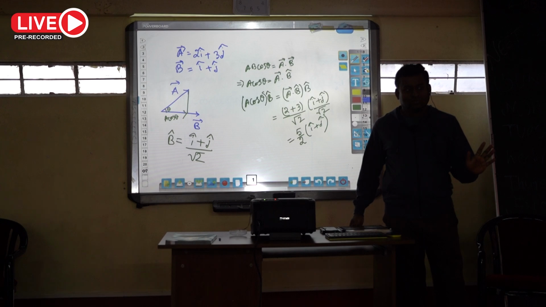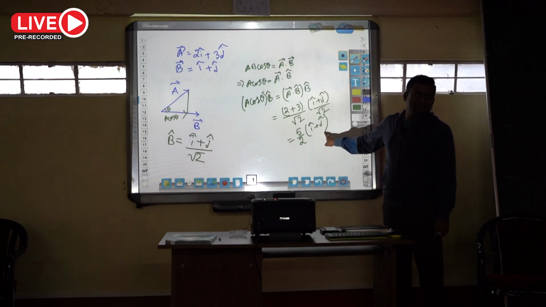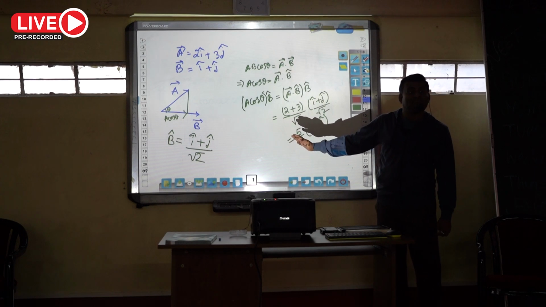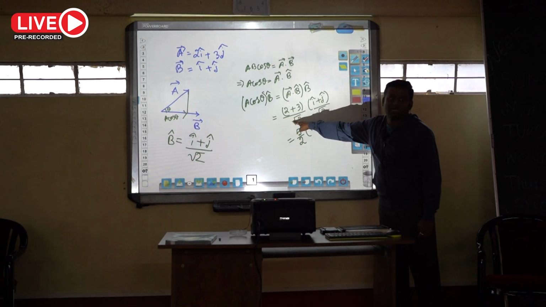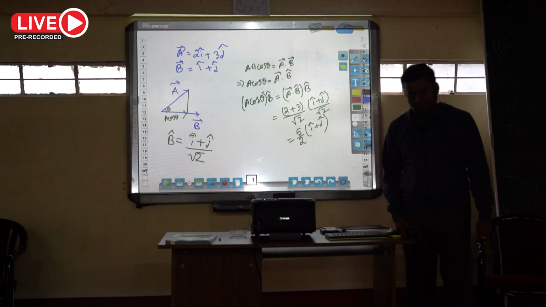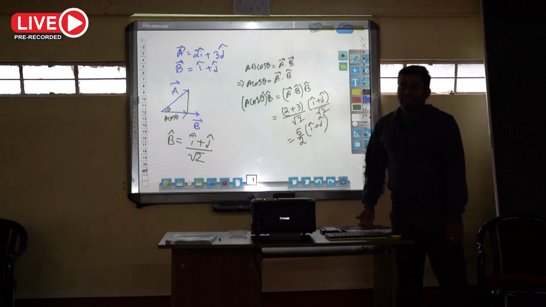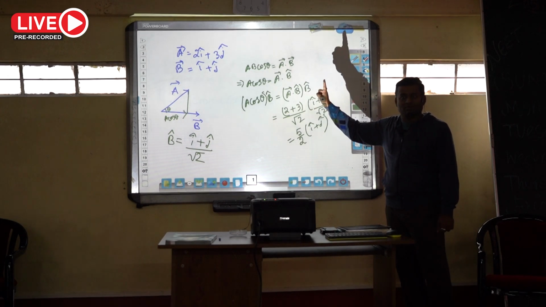Sir, if the question says component and the options have both 5 by 2 and 5 by root 2? If 5 by 2 is still there, then this is not a unit vector. Apart from the unit vector, the remaining part is the magnitude. So what is the unit vector here? This. The remaining part is the magnitude, 5 by root 2. The component vector's magnitude is 5 by root 2.